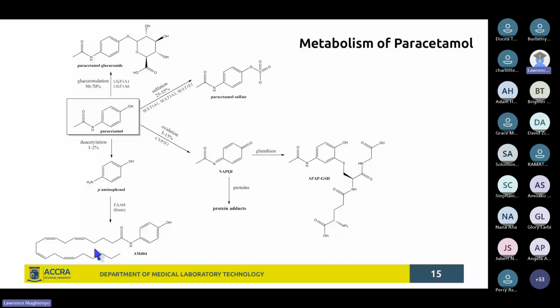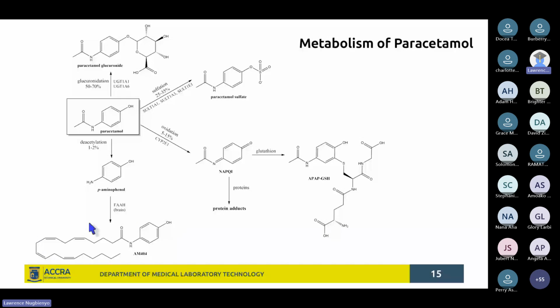And actually, it is this compound, the conjugate with arachidonic acid, this fatty acid bound onto this, which is referred to as AM404. This is the compound which is responsible for the analgesic effects of paracetamol.